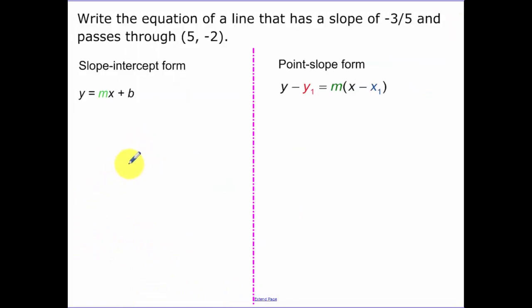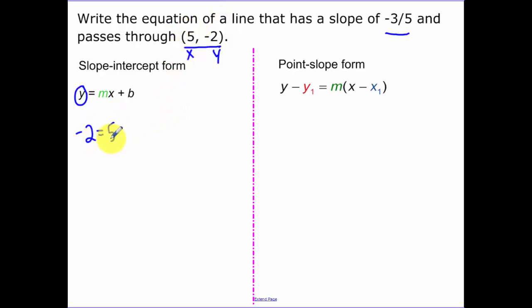Okay, write the equation of the line that has a slope of negative 3/5 that passes through that point. Remember, that's an x and a y. So what is my y value? My y value is negative 2. What is my slope?